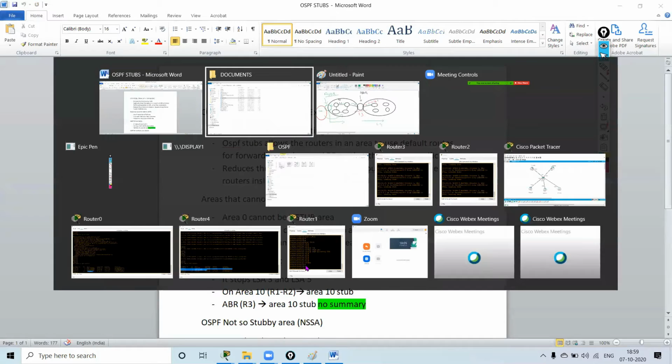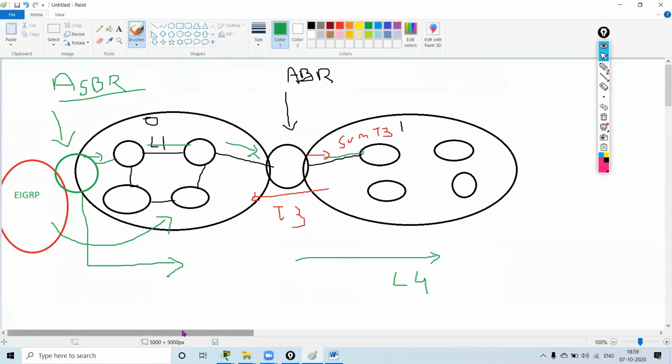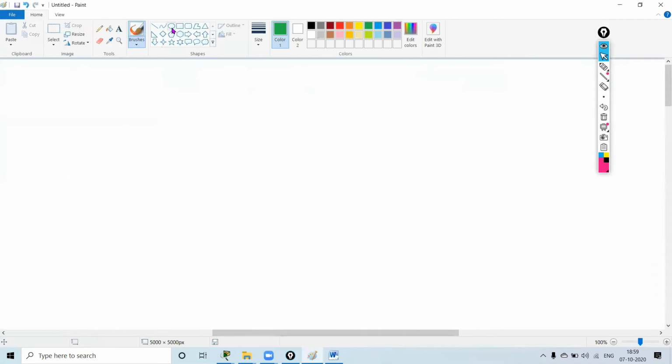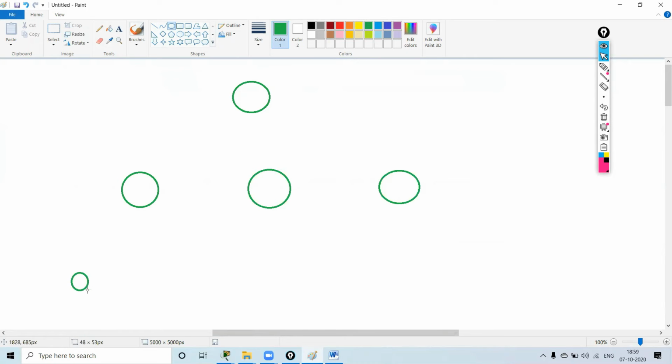If I give you an example, suppose this is my head office, and these are some branch offices over here. Branch office routers, some small branch offices, or some edge routers, you can say, on all the branch offices.